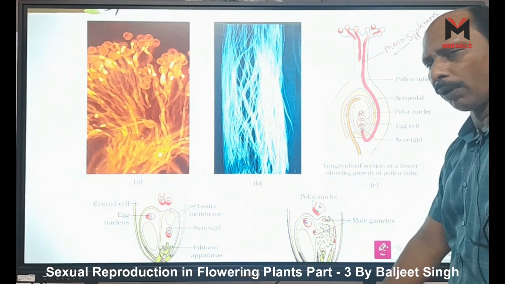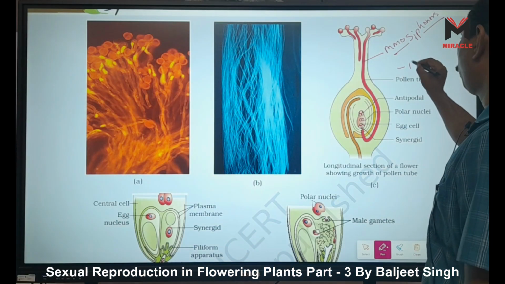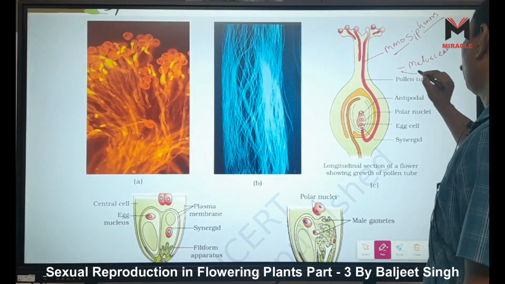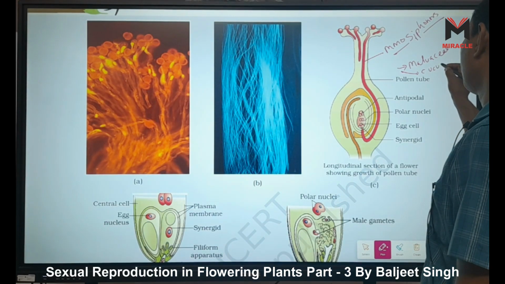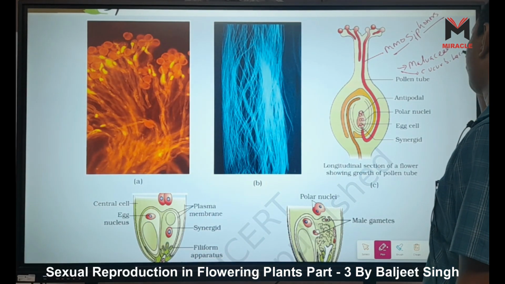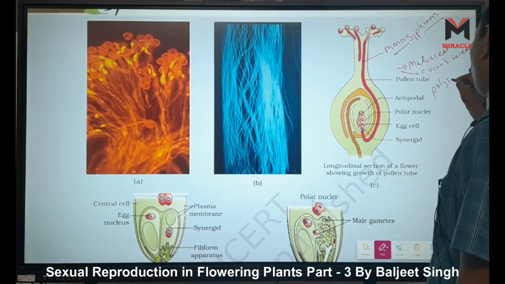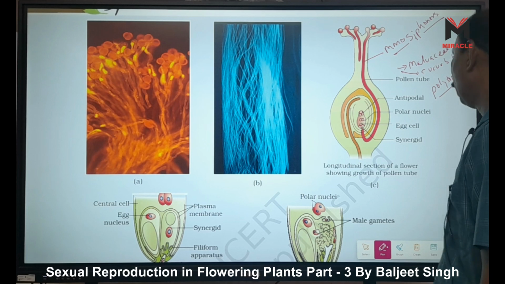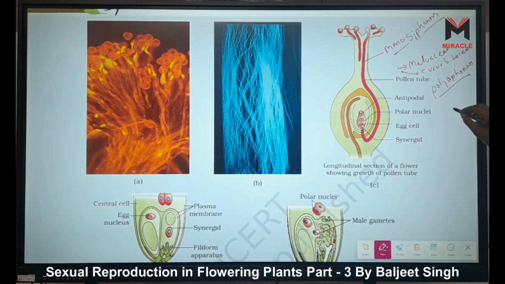But there are two families, Malvaceae and Cucurbitaceae, which have polysiphonous, meaning more than one germ tube or pollen tube.